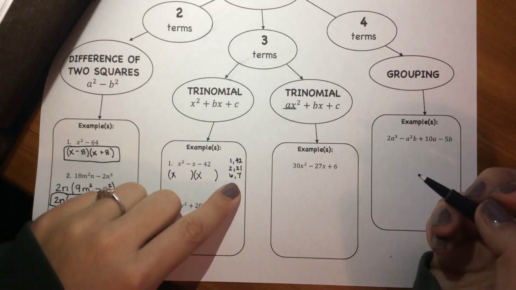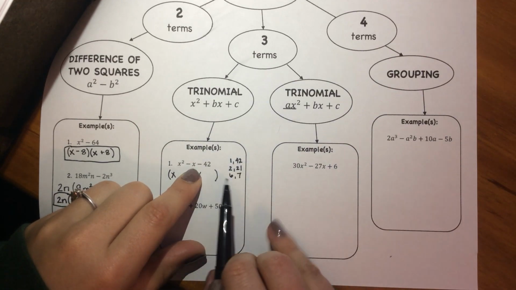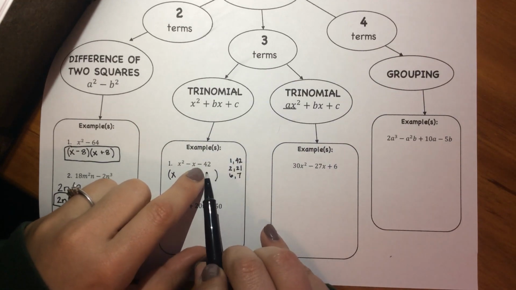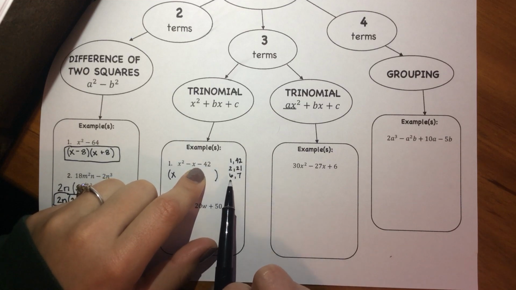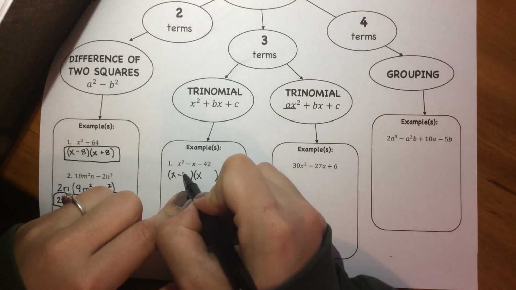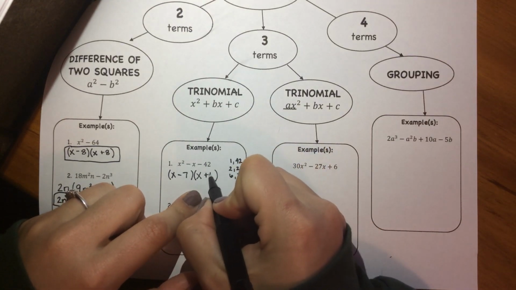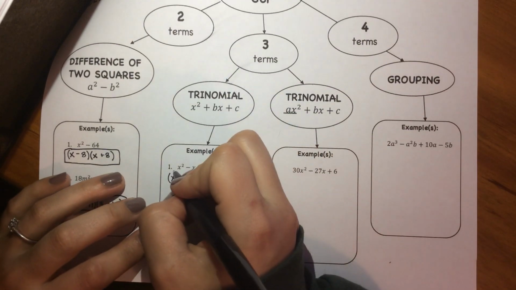So 6 and 7 is going to be the combo that I need to get my negative 1. One of them has to be positive and one of them has to be negative because I need negative 42. So I need my 7 to be negative, so minus 7, and my 6 to be positive, because negative 7 plus 6 gives me negative 1. And then this is going to be my answer.